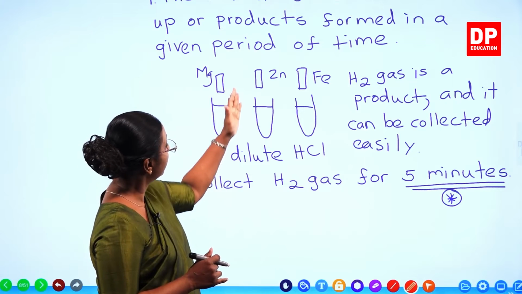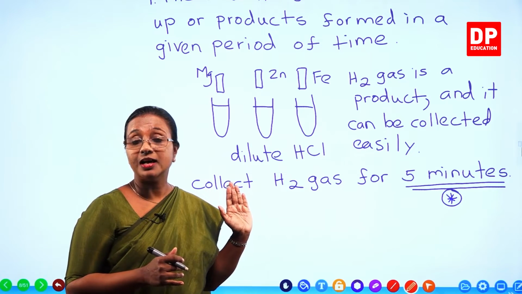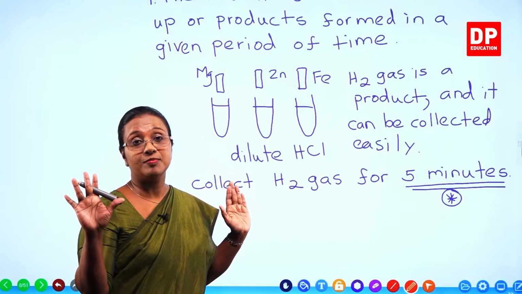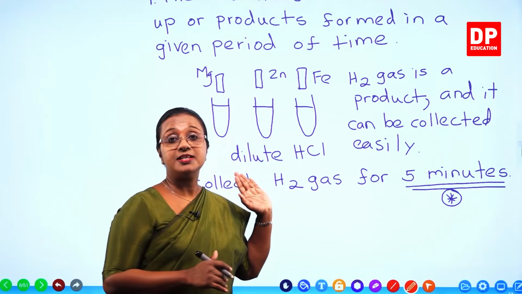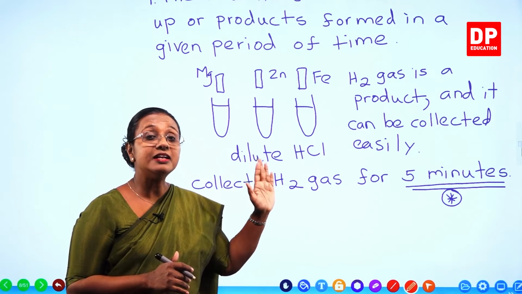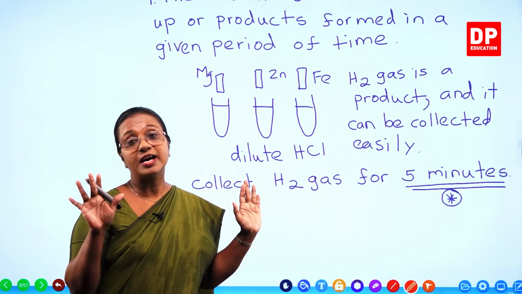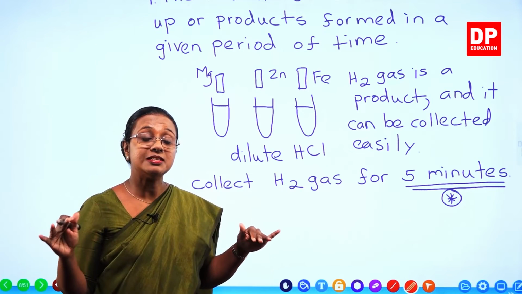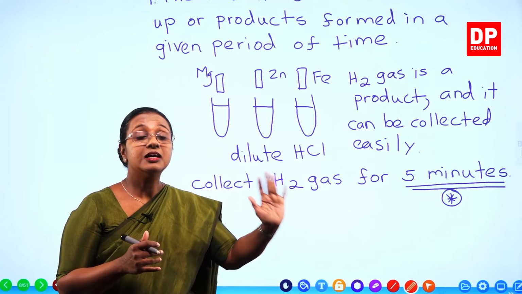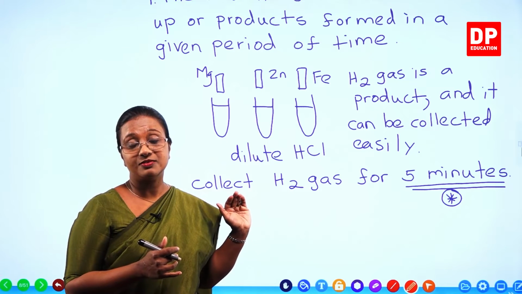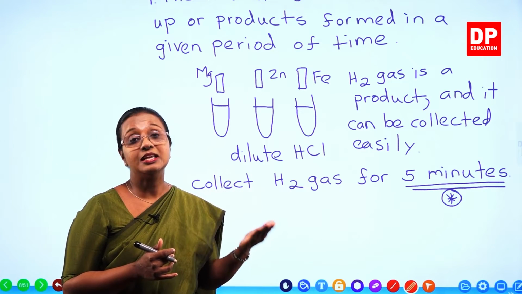Hydrogen gas evolved by zinc when reacted with hydrochloric acid in 5 minutes. And the amount of hydrogen evolved when iron reacts with hydrochloric acid, that also in 5 minutes. So the time is the same. The volume of gas that was evolved will be different.